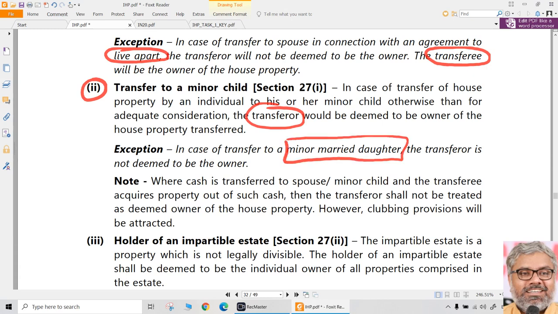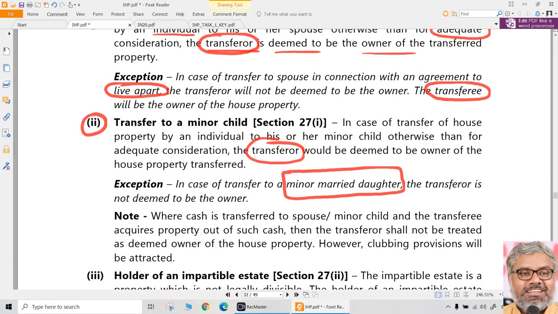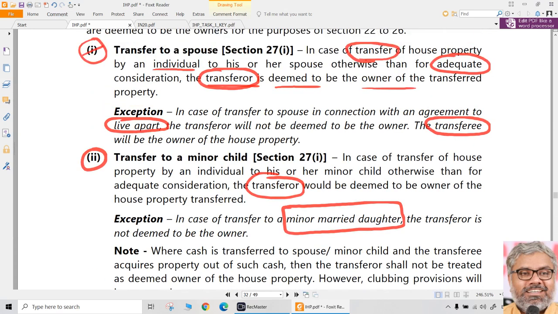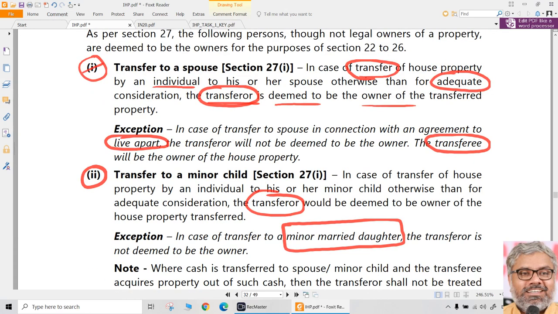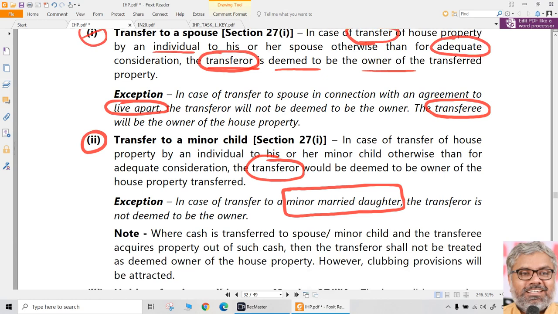That is a minor married daughter. Exception means what? In that case, if a person transfers a property to a minor married daughter, then who will be the owner of the property? The minor married daughter herself will be the owner of the property. Here it is gender specific, only daughter, by the way. Spouse is not gender specific. Spouse can be used in the context of husband also, wife also. Daughter is daughter only.